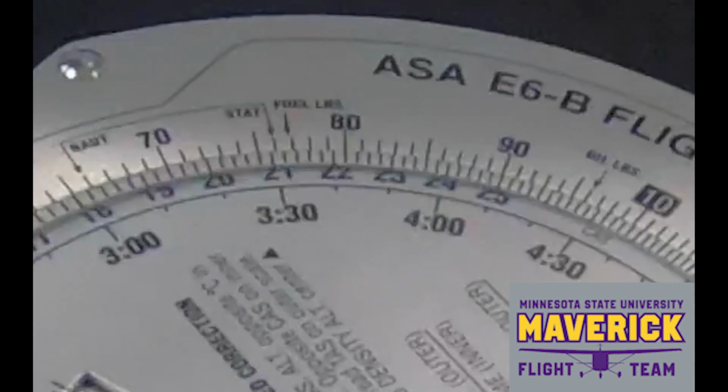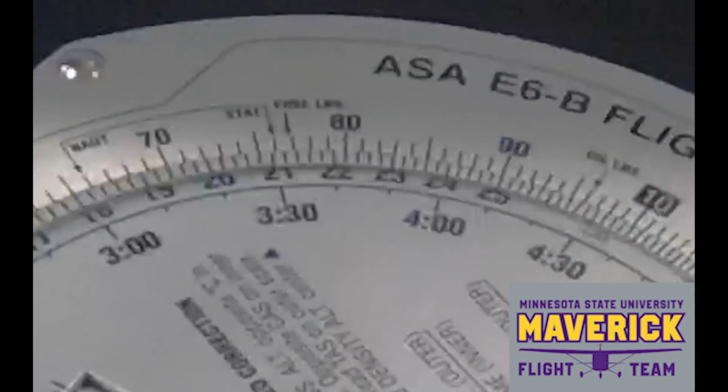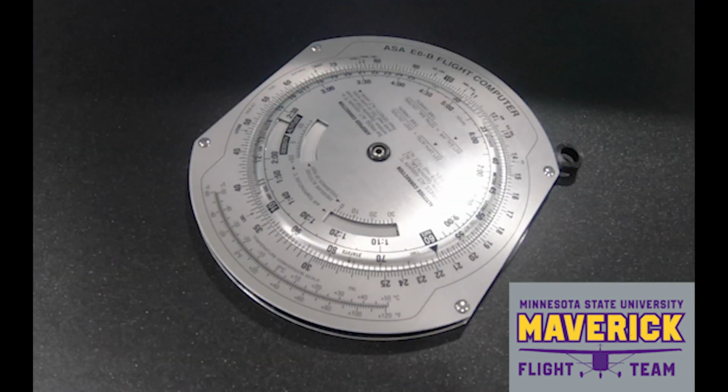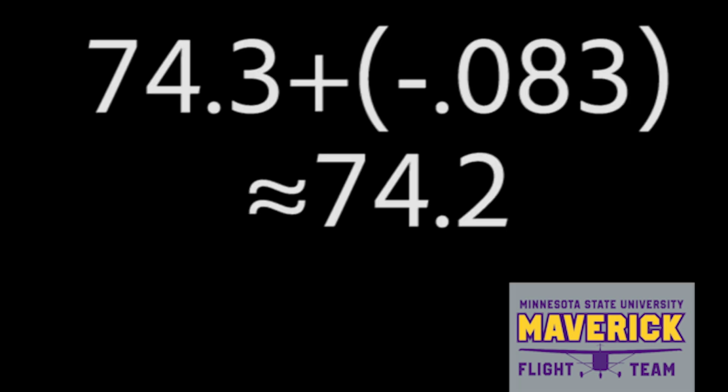Now, because 2.3 is negative, we look above 2.3 and we get negative 0.083, about there. And we add that to the new CG of 74.3. So 74.3 plus negative 0.083 equals 74.2. So the previous CG for this problem was about 74.2.